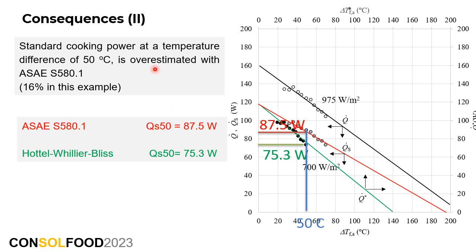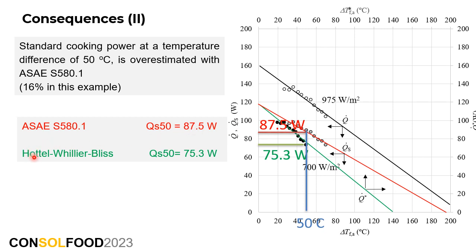Another consequence is that the standard cooking power at a temperature difference of 50 degrees is overestimated with the data processing of ASAE S580.1. In this example, with the standard, we get a standard cooking power of 87.5 watts, the red one.